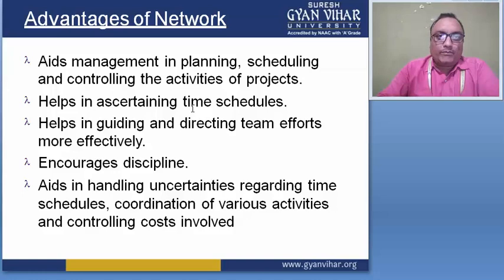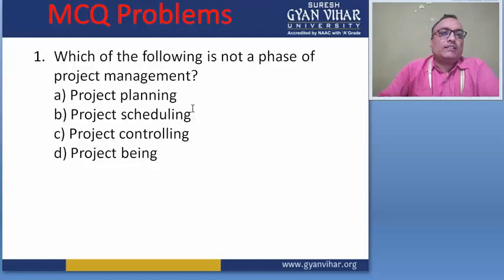This is the MCQ section. This is the first question for this year. Which of the following is not a phase of project management? Just read this question. The options are project planning, project scheduling, project controlling, and project being.